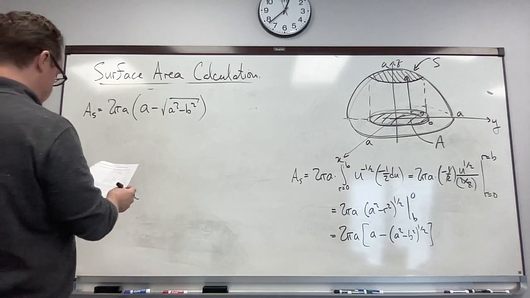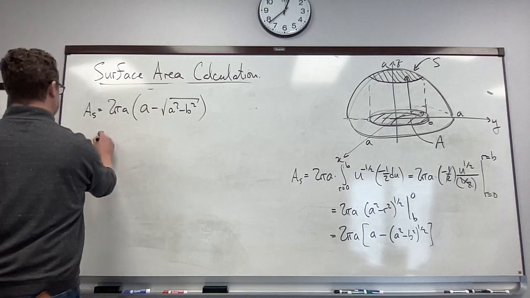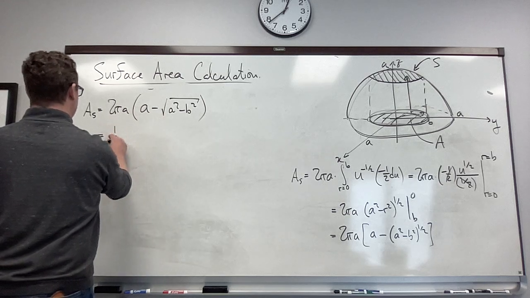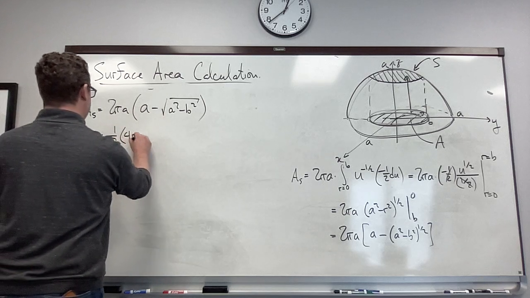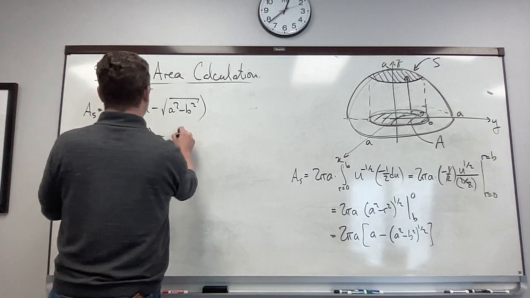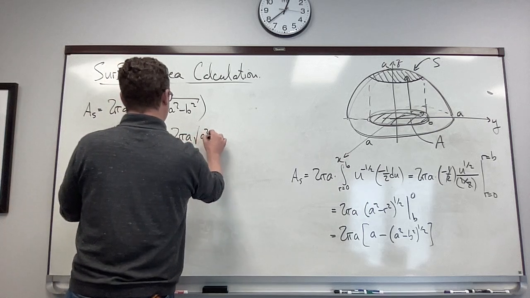But let's just do something a little funny. So this is 2 pi a squared. I'm going to write this as, I'll do the terms here. So 2 pi a squared, that's 1/2 4 pi a squared. That's what the first term is, minus 2 pi a squared minus b squared.